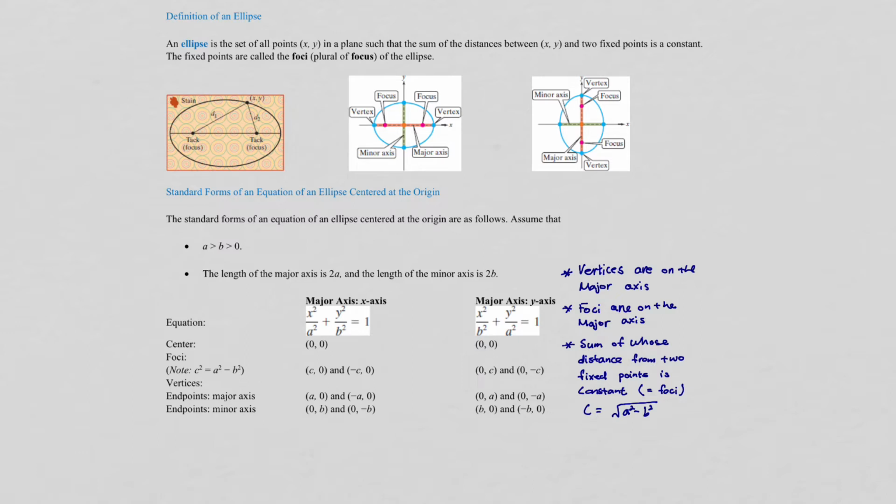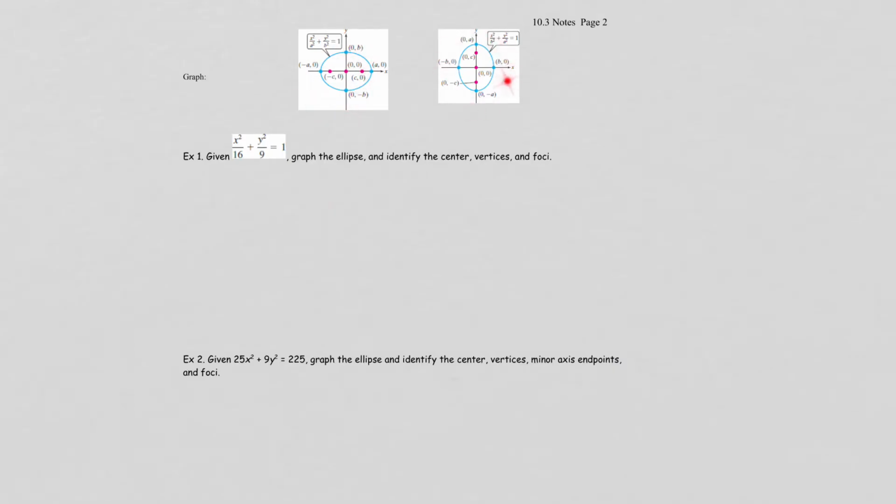And the focus points, on both sides, are on the major axis also. And this is the formula for how to find the c's. And there is a graph for it. So if a is bigger, then it's horizontal. If b is bigger, it will be vertical.